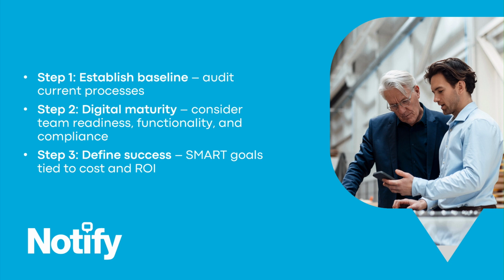Do you want faster closeout of actions or fewer accidents and reduced absenteeism? Do you want to see less time spent on admin tasks and more time spent on site talking to frontline teams? Document your goals and make sure that they're SMART: specific, measurable, achievable, realistic, and time-bound.